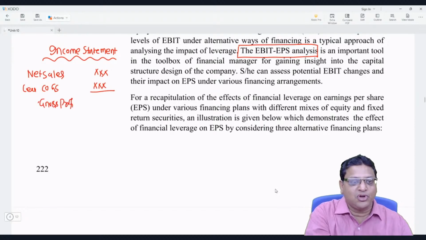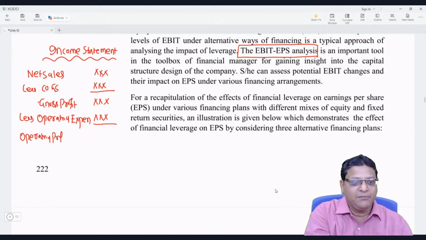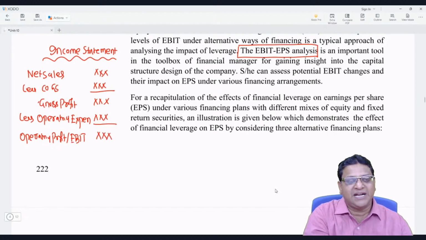And out of gross profit, if we deduct operating expenses, we get operating profit. This operating profit is also known as EBIT. What is EBIT? Earning before interest and tax. This is the profit generated before you pay interest and tax.